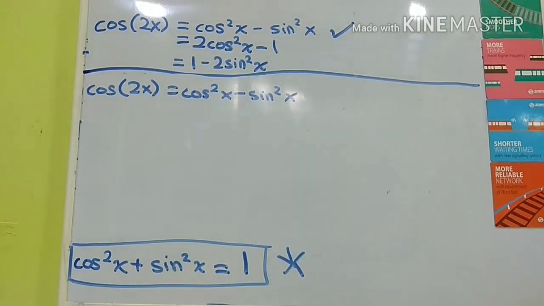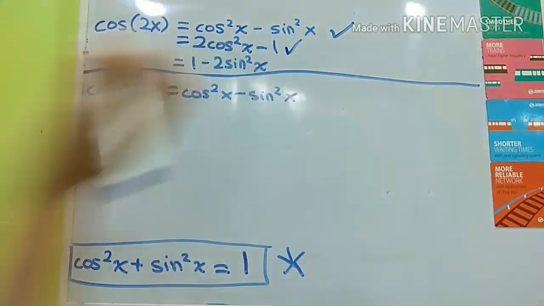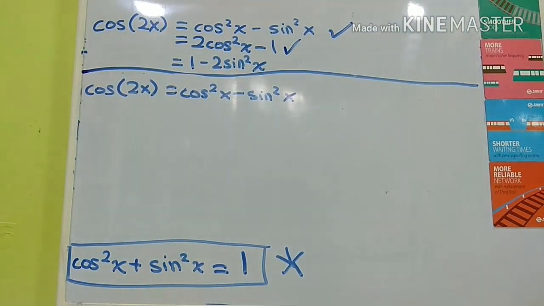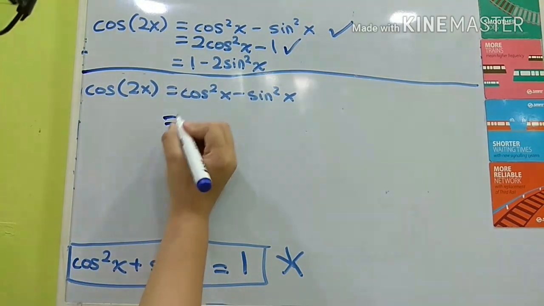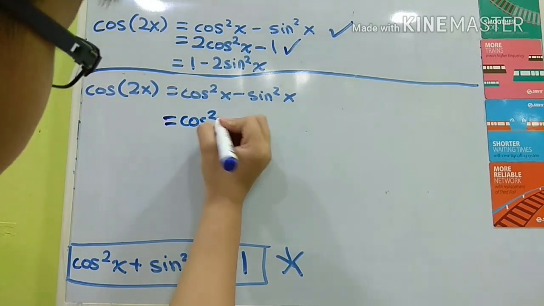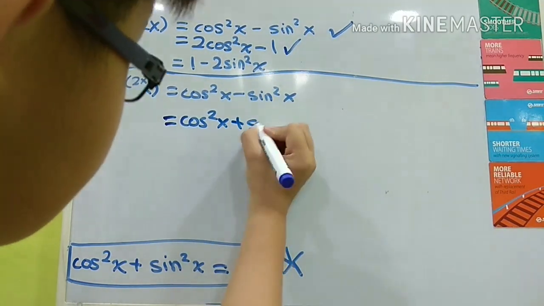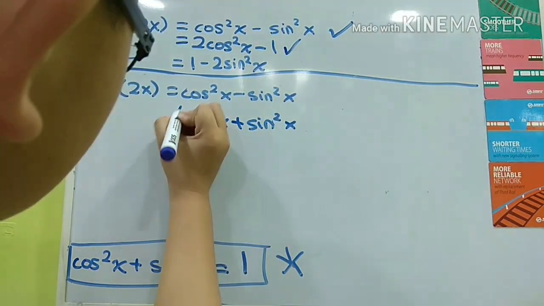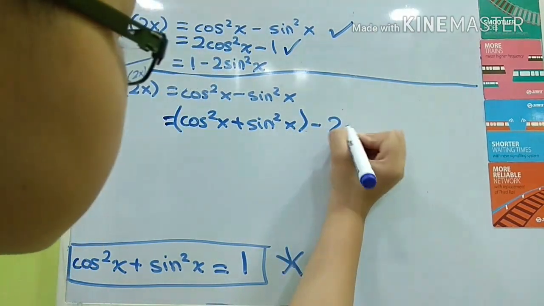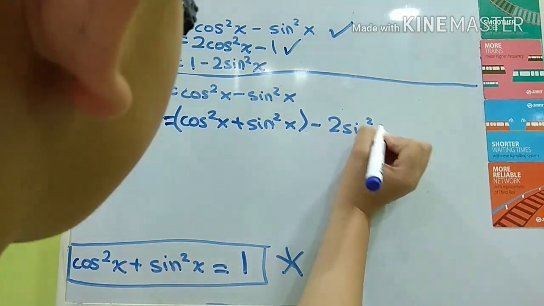Okay, now I'm done with the second one, and now I need to prove how come cosine of 2x is equal to 1 minus 2 sine square of x. From here, all I have to do is rewrite in a different way, but still use the Pythagorean identity. Let's rewrite it as cosine square of x plus sine square of x, and I subtract 2 sine square of x.